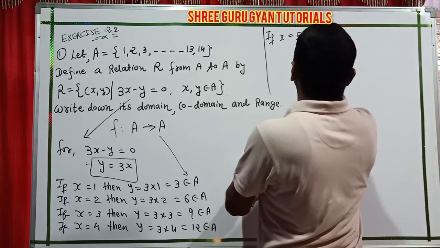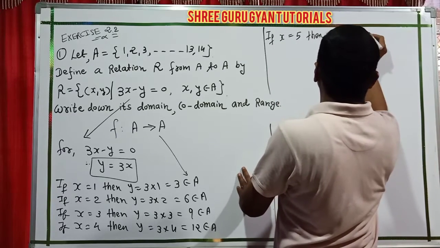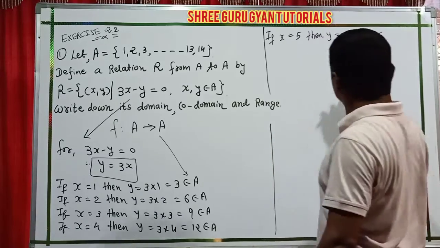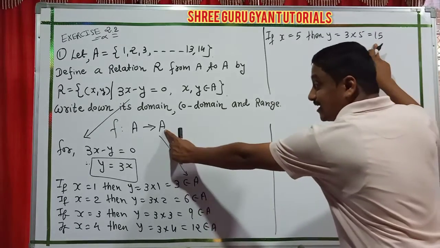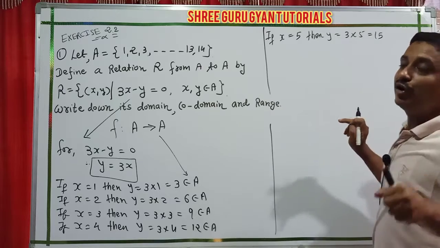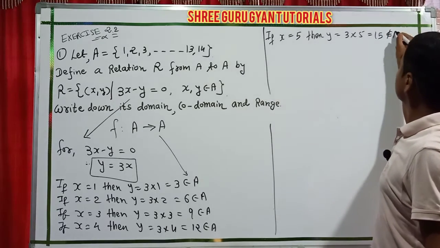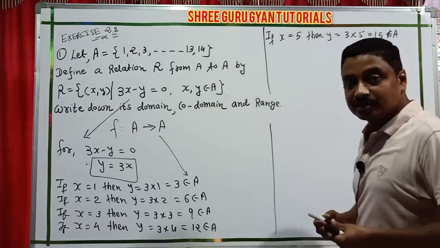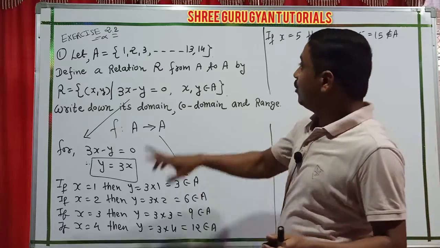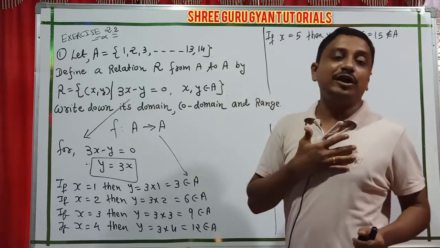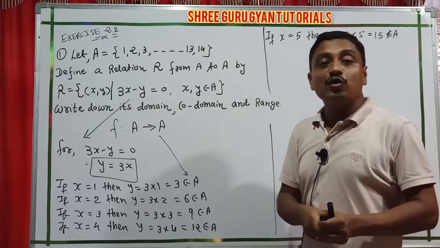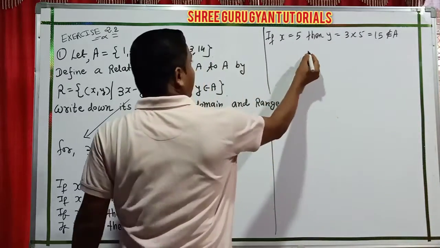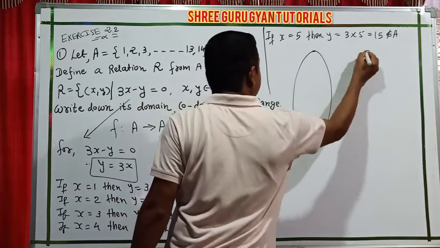Then what is y? 3 into 5 is 15. Students, this 15 is not present in A, because A is from 1 to 14. So write down: not belongs to A. Further 6, 7, 8, 9, all up to 14, we cannot put in because the results are not present in the codomain. So finally your data is ready.